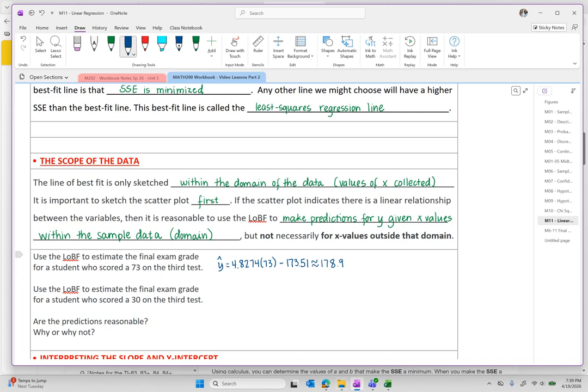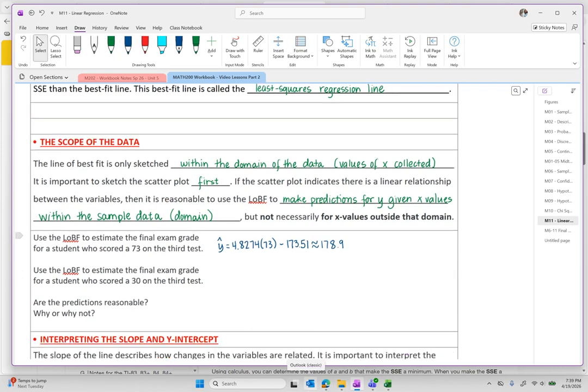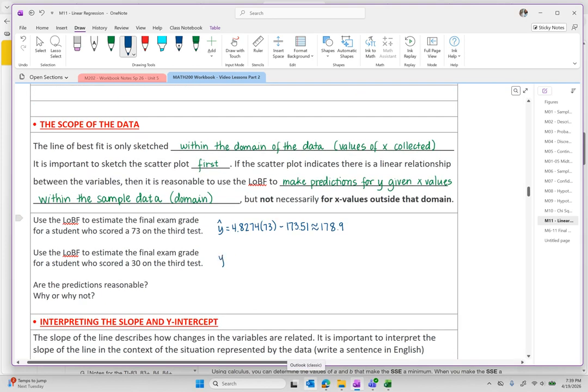Could I do that for an x that is equal to 30? So could I also have a reasonable estimation using the line of best fit for x equal to 30? Notice that 30 is way outside of the scope of the data.